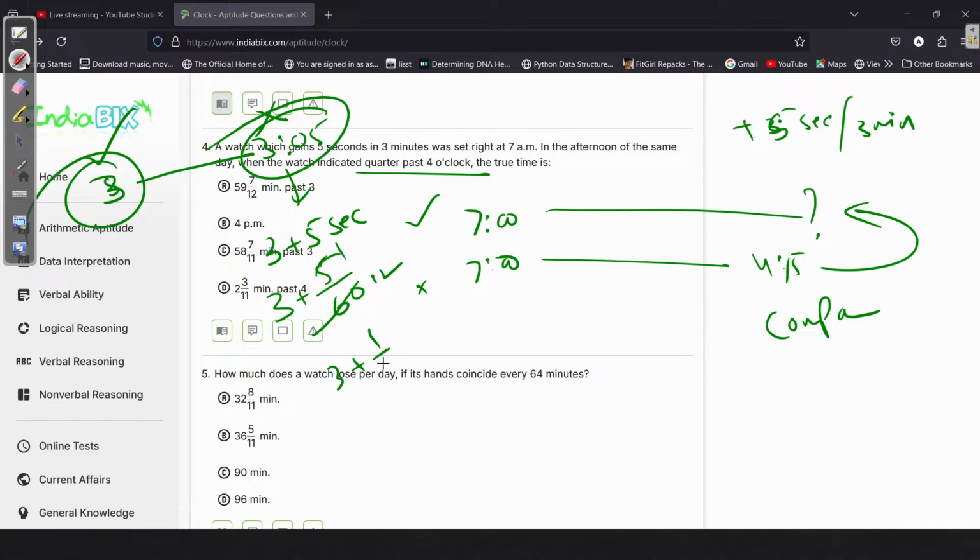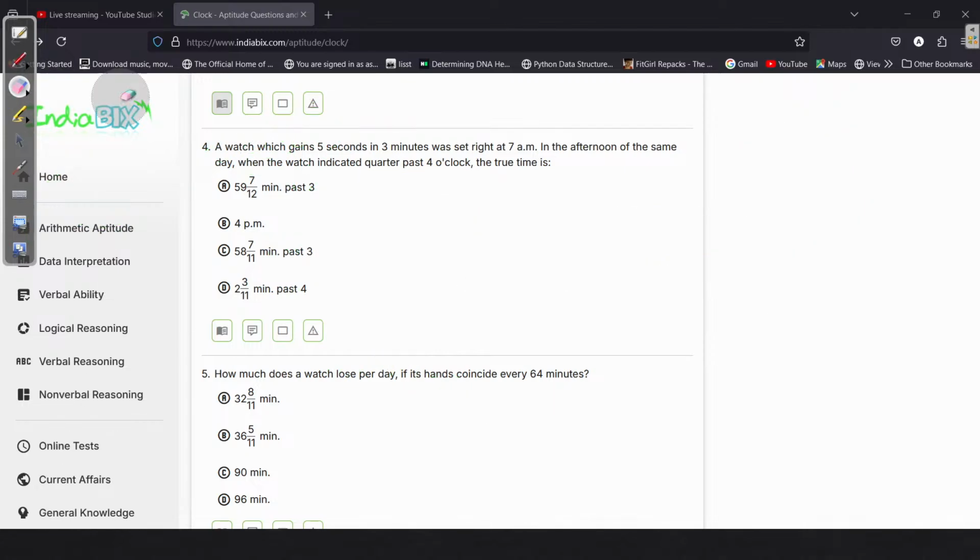So 3 plus 1 by 12 is 36 plus 1, 37 by 12. So if I have 3 minutes in my original clock, that is going to be 37 by 12 minutes in the faulty clock.